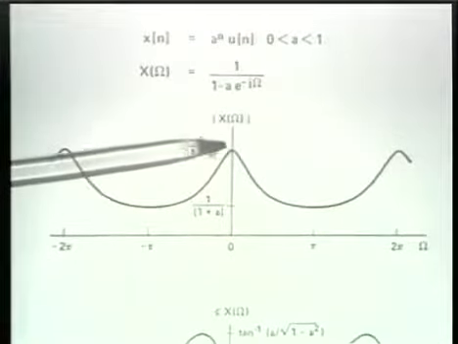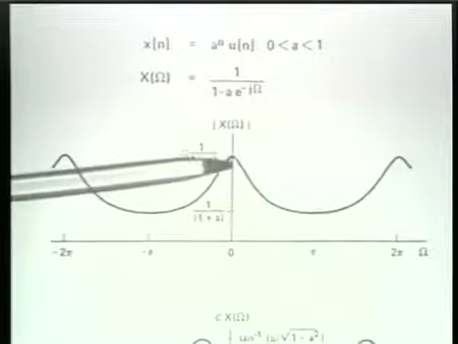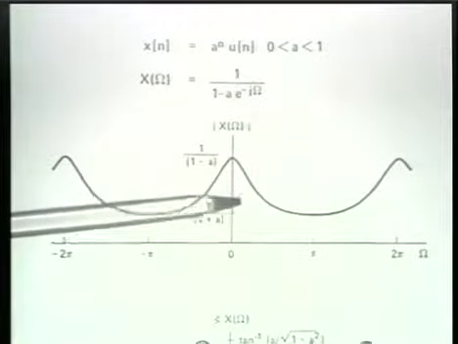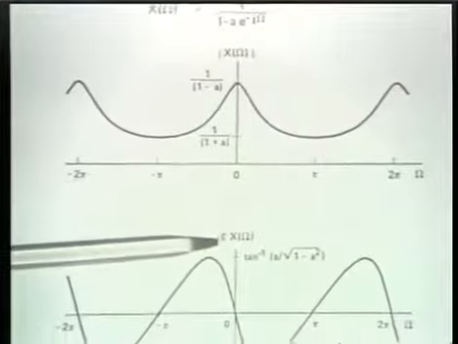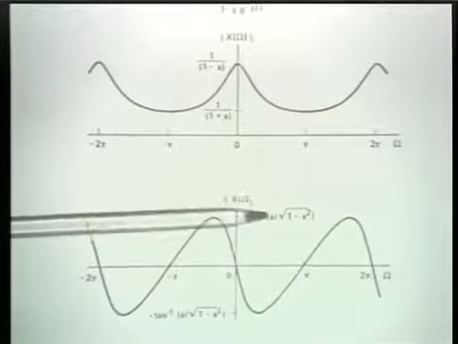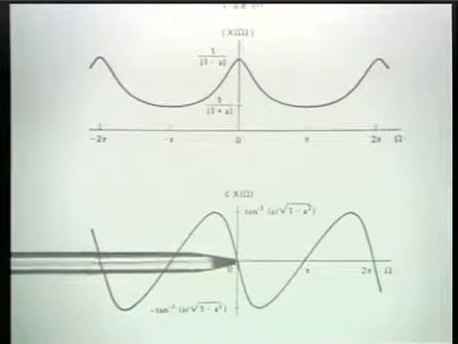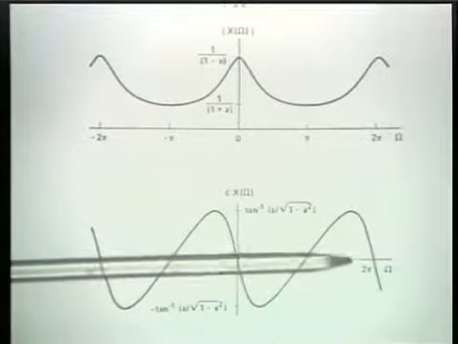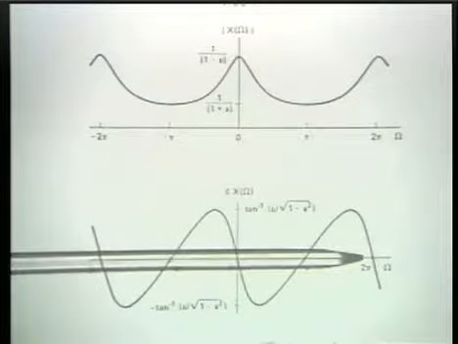And it, in addition, is periodic with a period of 2 pi. On the other hand, if we look at the phase angle below it, the phase angle has a symmetry which is odd symmetric, and that's indicated clearly in this picture. And of course, in addition to being odd symmetric, it naturally has to be, again, a periodic function of frequency with a period of 2 pi.